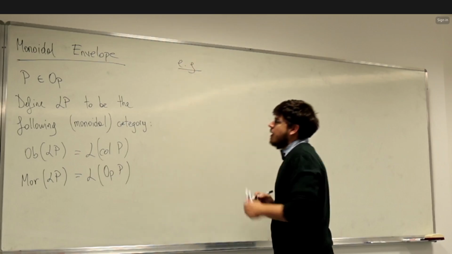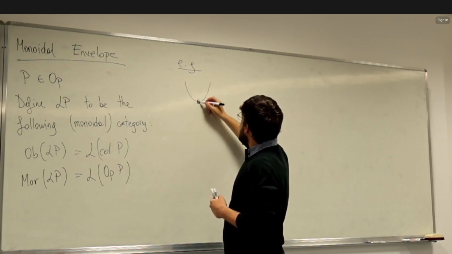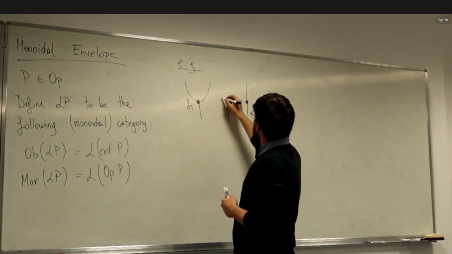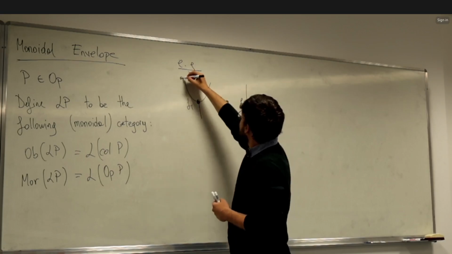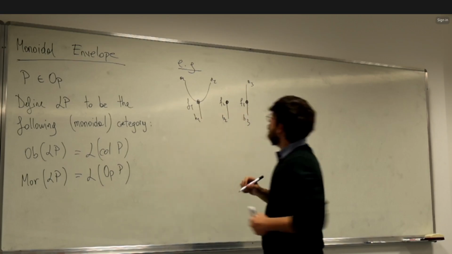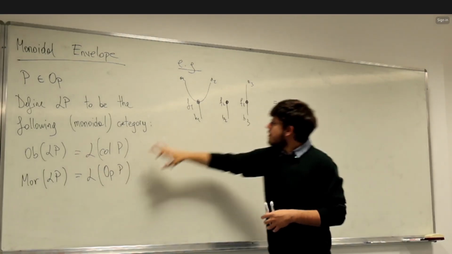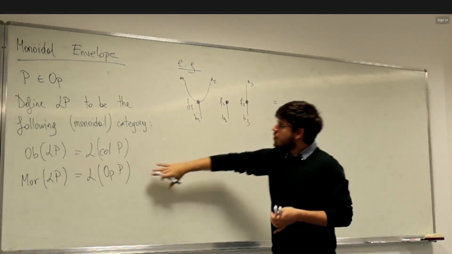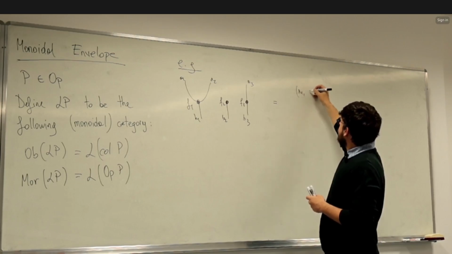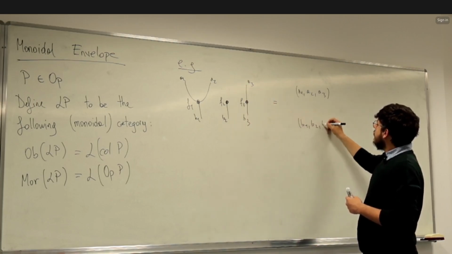For example, this sequence of operations, say F1, F2, F3, so this is a sequence of operations in P. It's a morphism in the L category between the sequence A1, A2, A3 and the sequence B1, B2, B3.